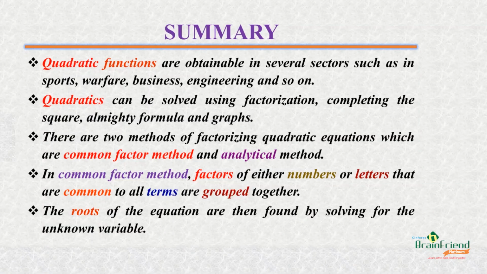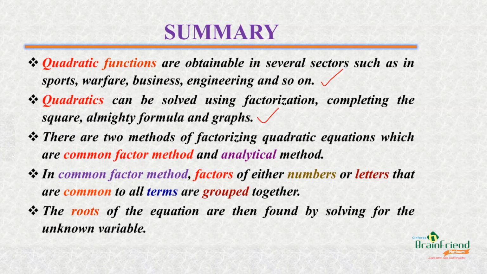Having solved those examples, we have now come to the end of this class. However, before we leave, let's take a summary of the things we've done. First of all, we learned that quadratic functions are obtainable in several sectors, such as in sports, warfare, business, engineering, and so on. We also learned that quadratics can be solved using factorization, completing the square, almighty formula, and graphs.